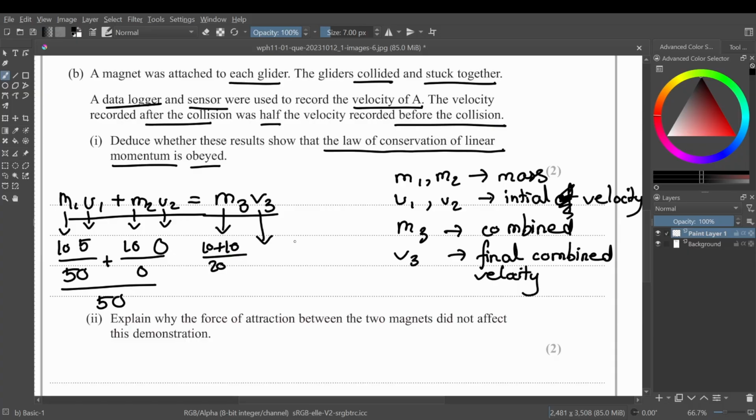So they're talking about velocity A, which was 5 before the collision, and after the collision it became 2.5, half of 5, which is dividing it by 2. Once you multiply 20 with 2.5, it becomes 50. Now as you can see, they are both equal. So only this thing we have to explain in words for this particular question. Let me write the word form for this question.